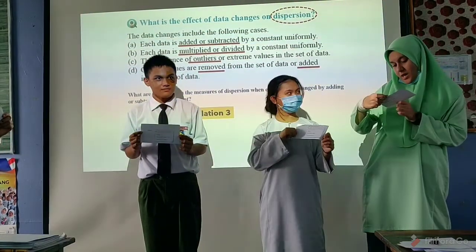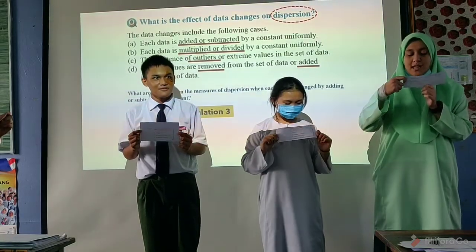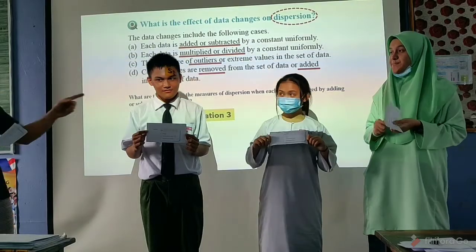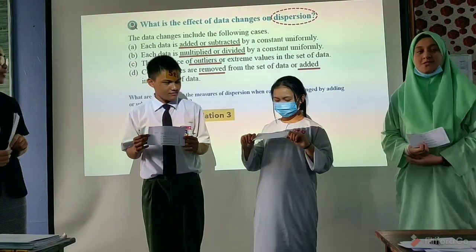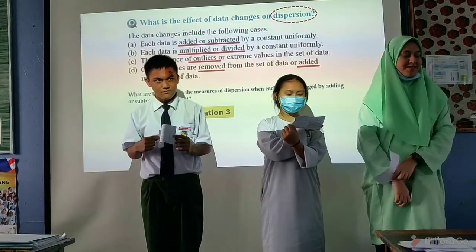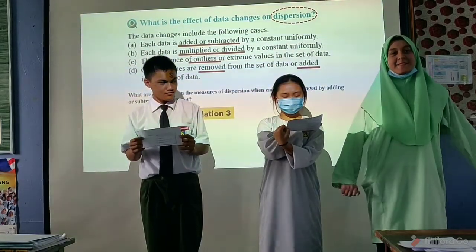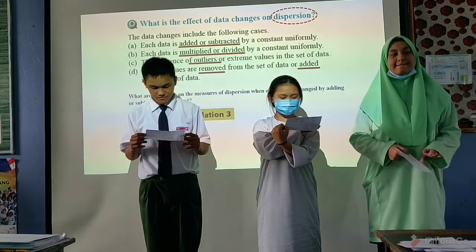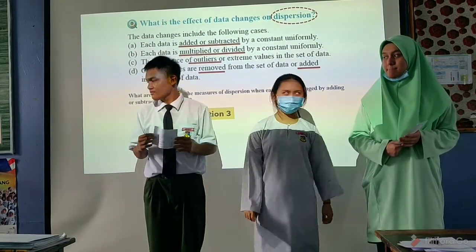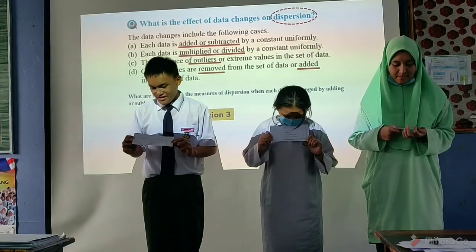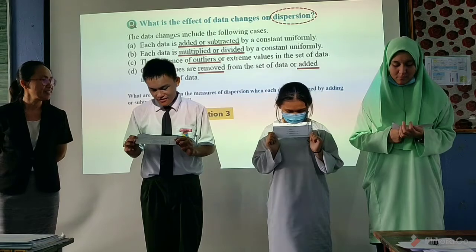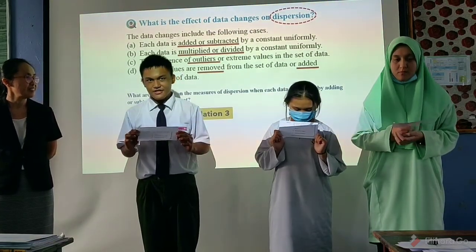Range 8, interquartile range 6.5, standard deviation 3. Okay, Camelia, what did you find? Range 8, interquartile range 6.5, standard deviation 3. Okay, Brandon? The range is 8, the interquartile range is 6.5, and the standard deviation is 3.